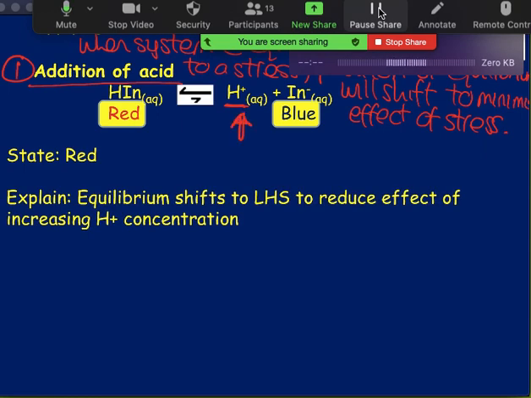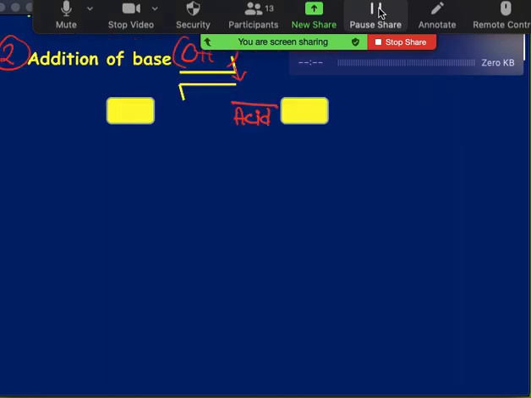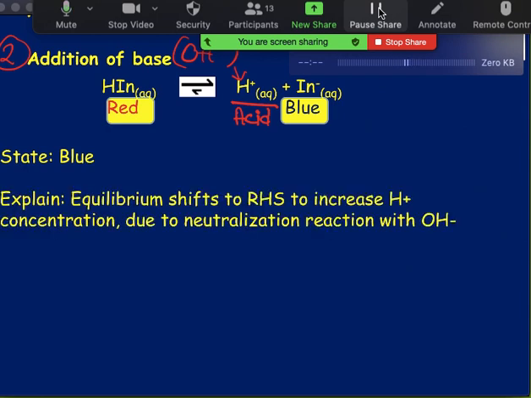And one of Le Chatelier's rules says that if you add it to one side, equilibrium shifts to the opposite. Okay, so when you add in base, it's going to neutralize the H+. Equilibrium will shift to that side to increase the concentration of H+.